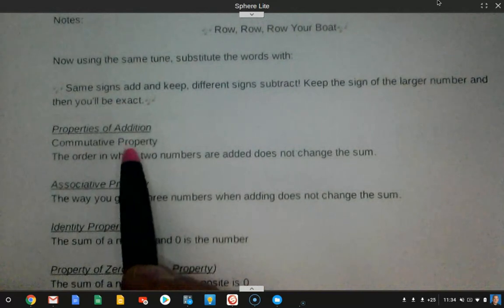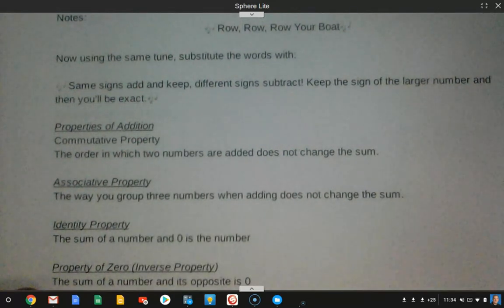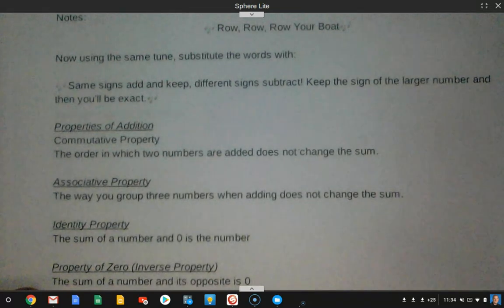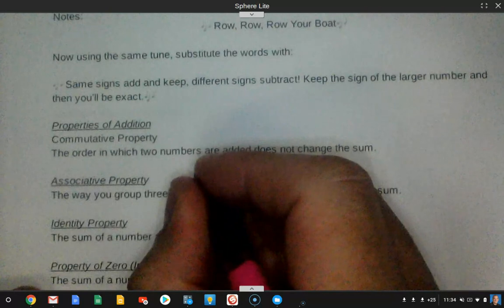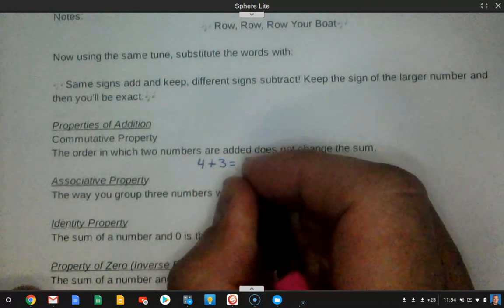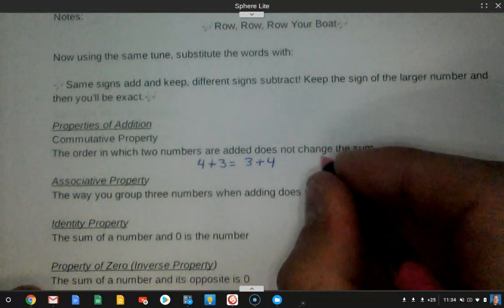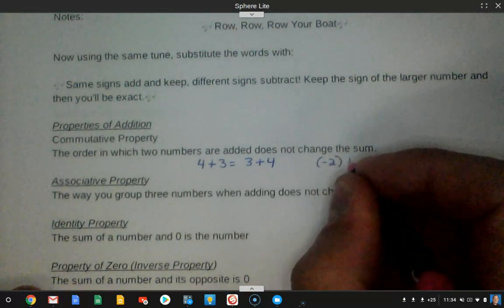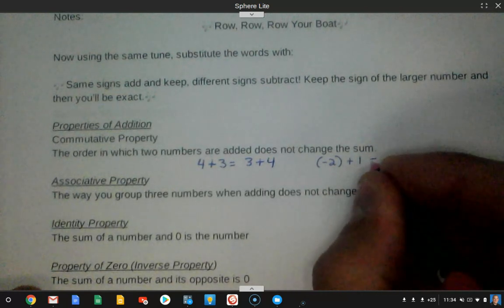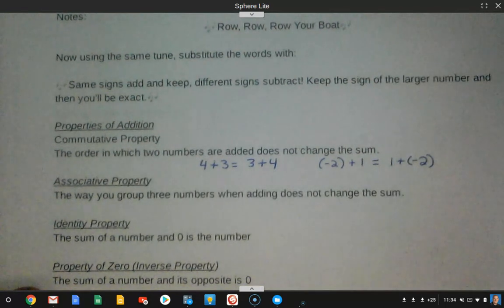We also need to know a couple properties. For example, we have the commutative property. This says the order in which two numbers are added does not change the sum. So, for example, 4 plus 3 is the same thing as 3 plus 4. Or negative 2 plus 1 is the same thing as saying 1 plus negative 2.